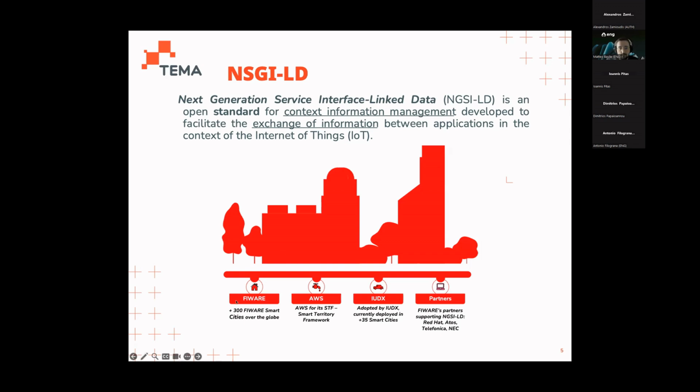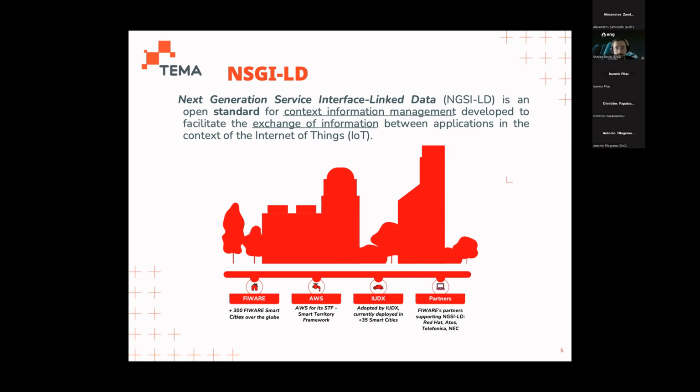And you can see at the bottom of this slide the entities that currently are using NGSI. And you see here, of course, we have FIWARE in 300 smart cities over the globe. And this is because FIWARE is also one of the foundations of NGSI.